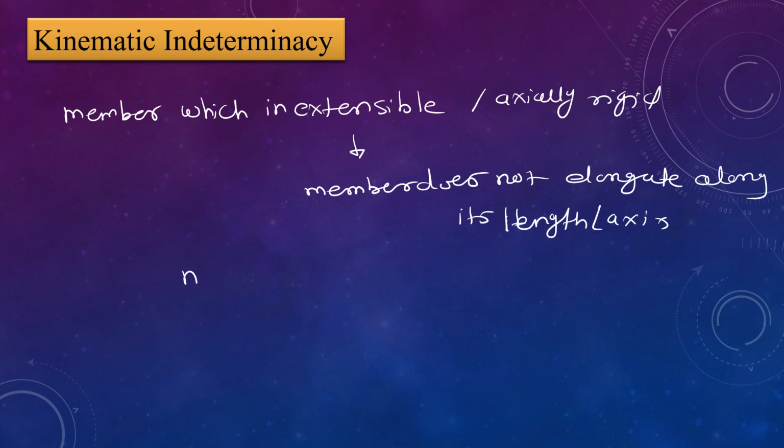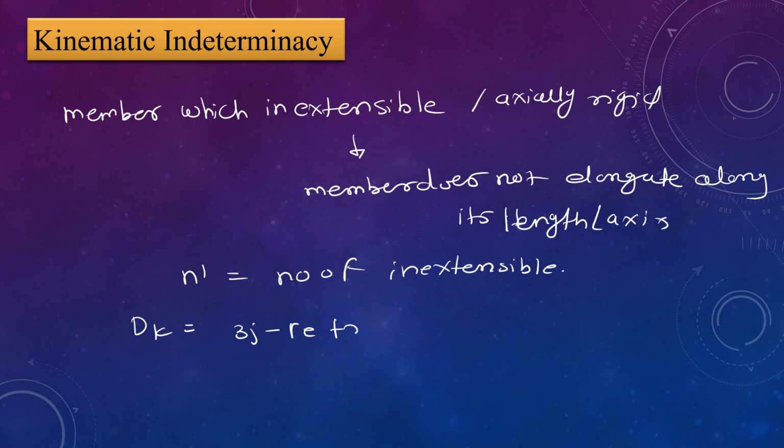Here n dash is the number of inextensible members. In numericals, sometimes they mention that 3 members are inextensible, or 2 members are inextensible, or else that each and every member is inextensible. For that you need to add n dash into the formula. So how to add that? Dk is equal to 3j minus (re plus rr).